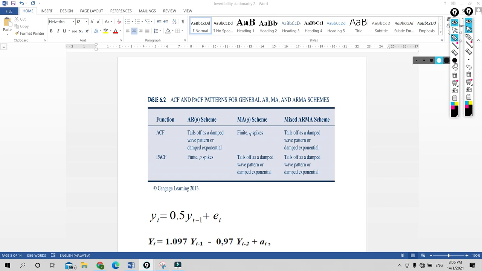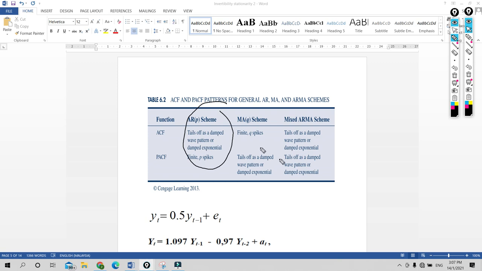So for the first one, if I have a graph like this, I refer to the first one.